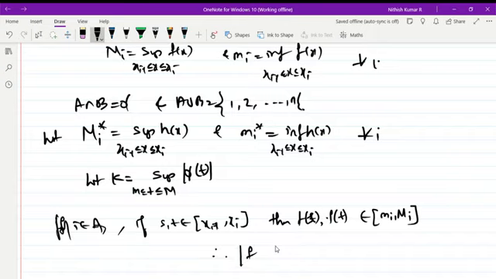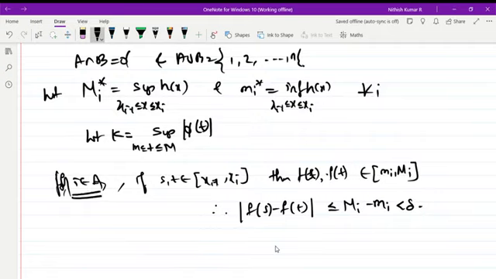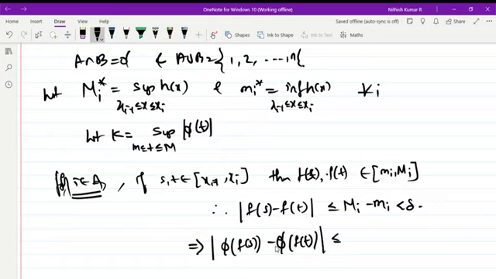Therefore modulus of f of s minus f of t is less than or equal to capital Mi minus small mi, which is less than delta since i belongs to A. This implies modulus of phi of f of s minus phi of f of t, using the uniform continuity of phi, is less than epsilon.